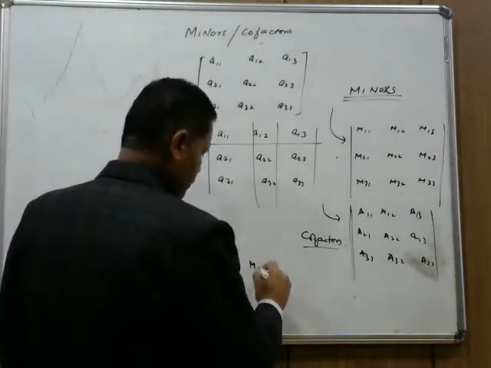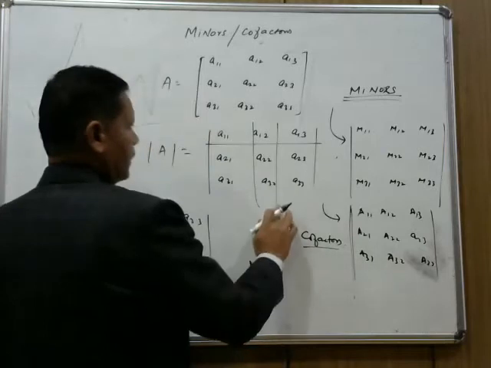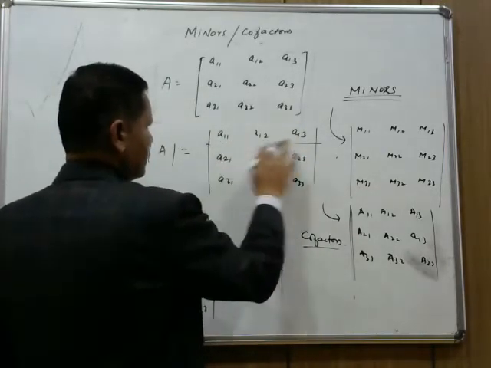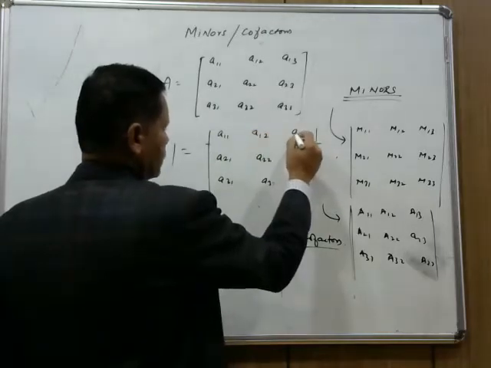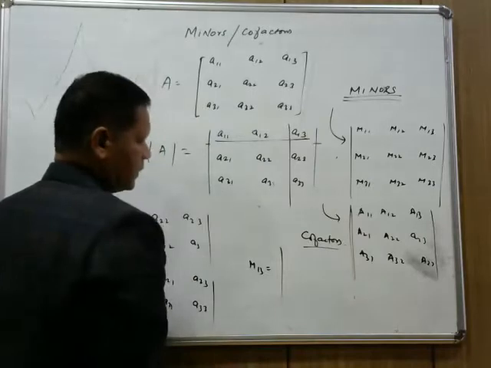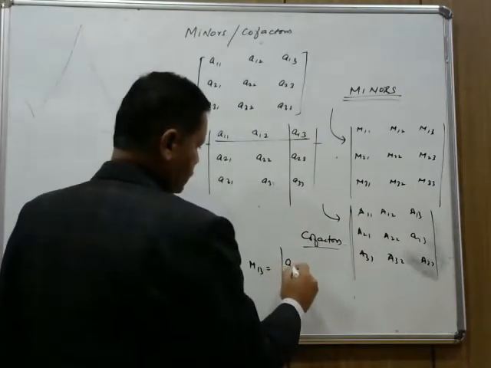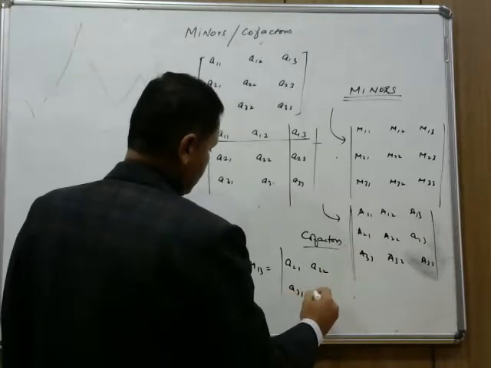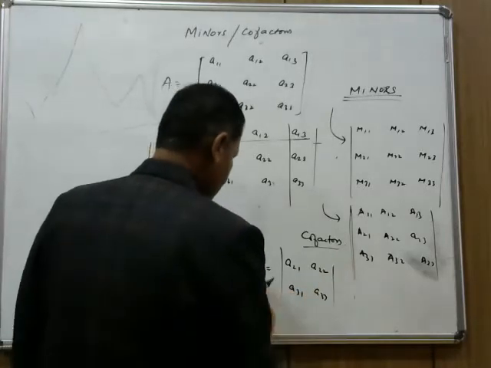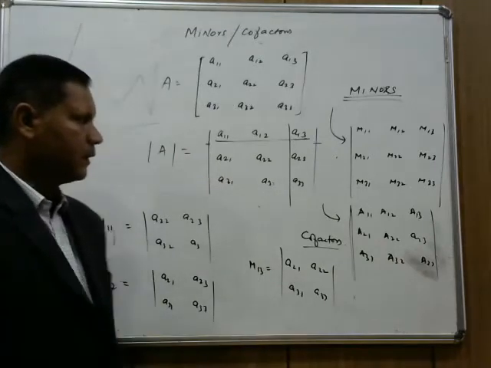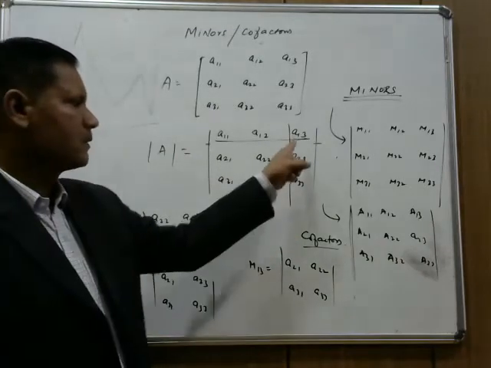So now tell me M13 will be, for this M13, that means this row and this column are removed. So now a21, a22, a31 and a32. This is the minor of the element a13.